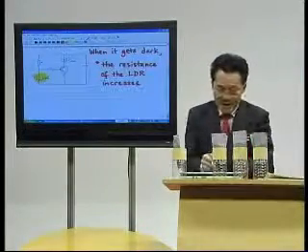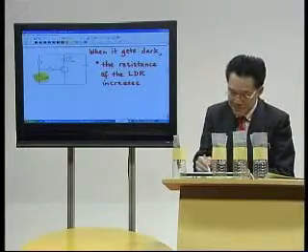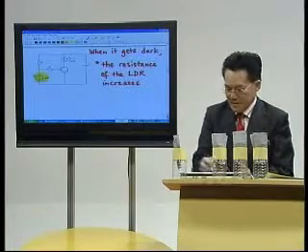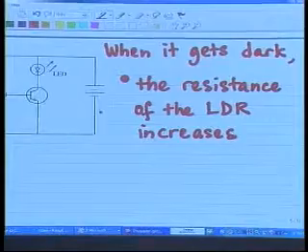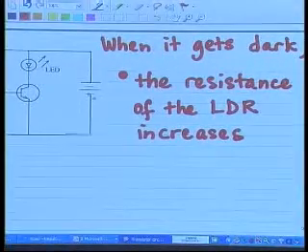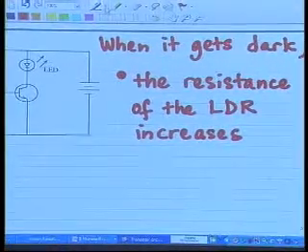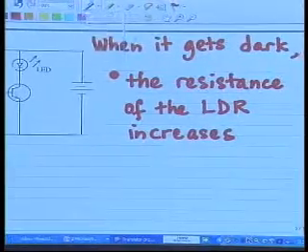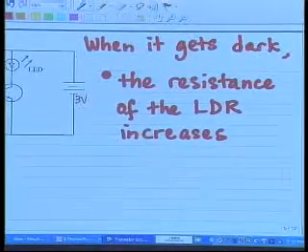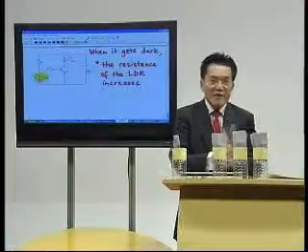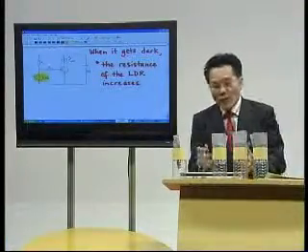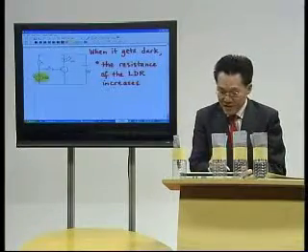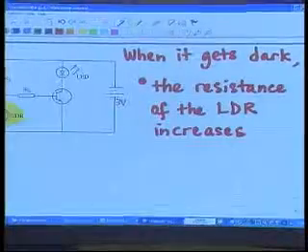So remember that in this circuit that you have here, alright, let's say this battery here has 3 volts. Let's say. Okay, we can give it a value. Let us say that here it has 3 volts. Now, before it gets dark, or rather when it is bright, the resistance of the LDR is small.